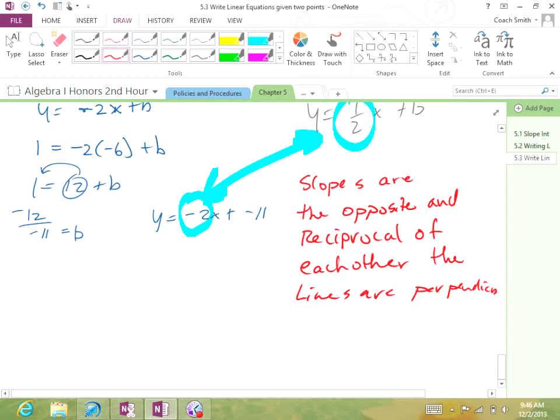So the slope of one is m equals negative 2 and the other is m equals 1/2. Is 1/2 the reciprocal of 2? Yes. Is a positive the opposite of a negative? Yes. So those two things are true, and yes, it is perpendicular.